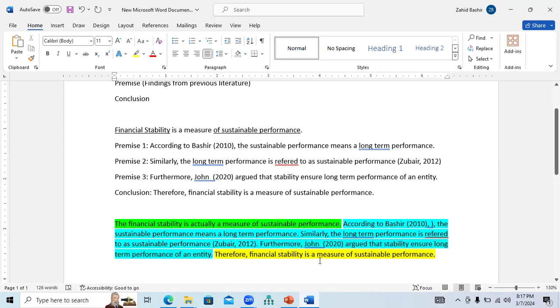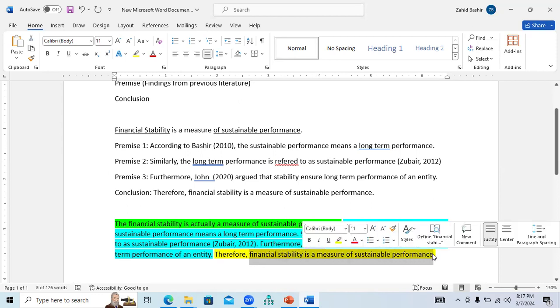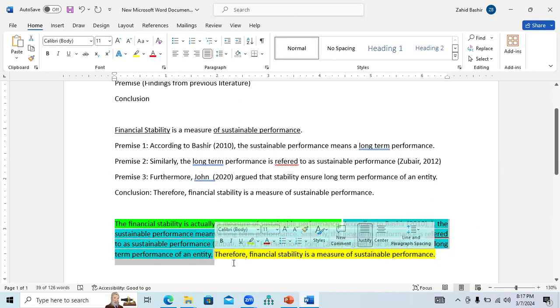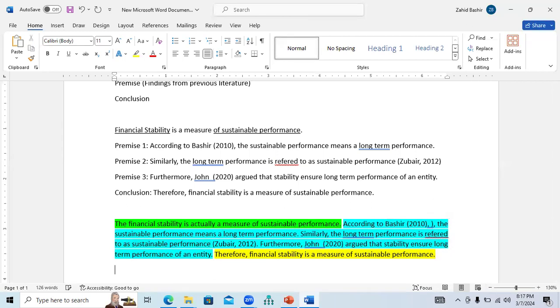Therefore, I concluded that financial stability is a measure of sustainable performance. So whatever you include as a premise in your argument, it should provide logical reasoning. This is something like you point out first of all the seed that you put into some soil.